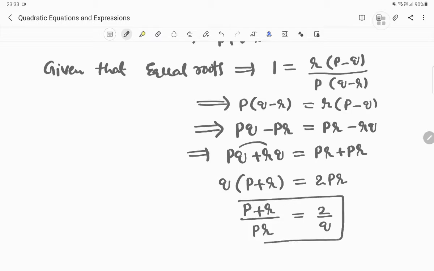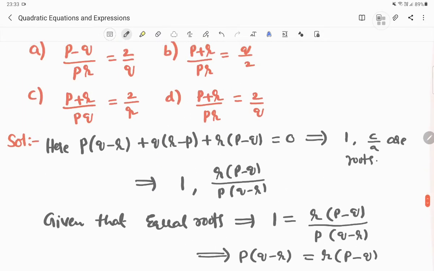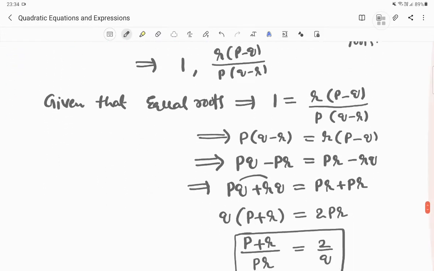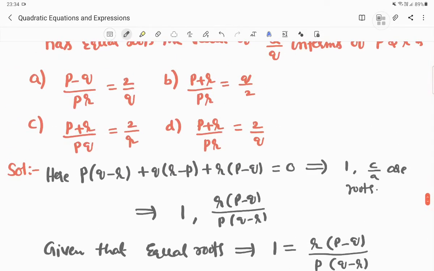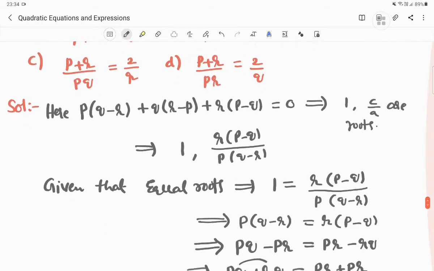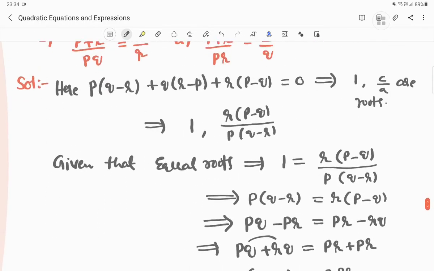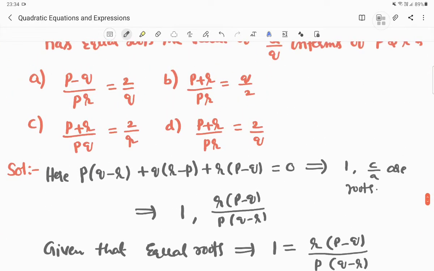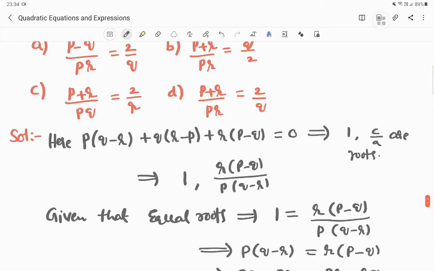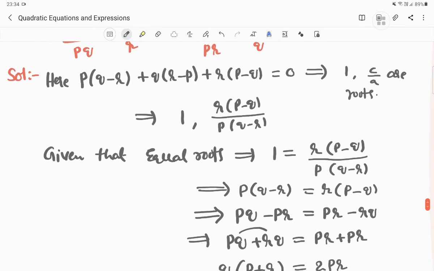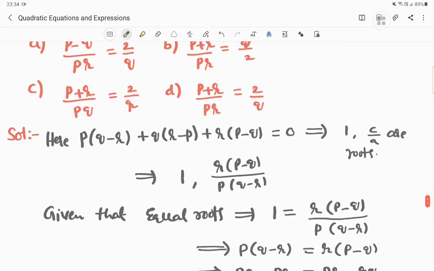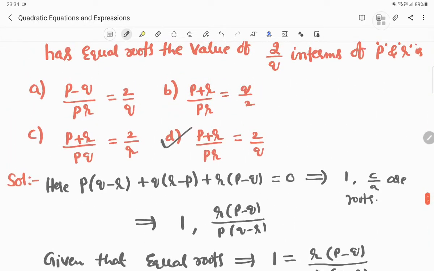Now we will check which option is going to satisfy. p plus r is there in the numerator in all options. By the denominator, pr is there in the B and D options only. So either B or D is the right option. In the RHS, 2 by q is there, so D option is the right option.